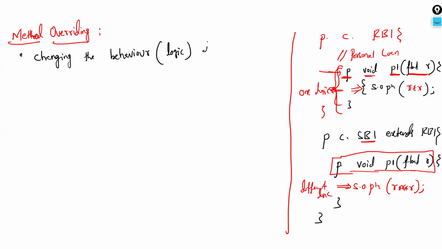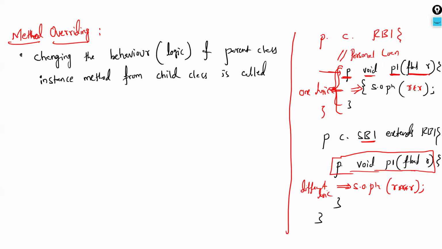Changing the behavior of a parent class instance method from the child class is called method overriding. So with a different logic, this process is called method overriding.